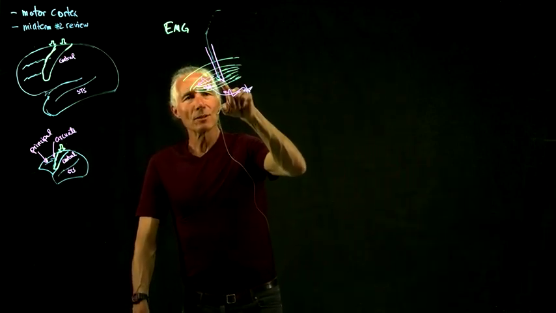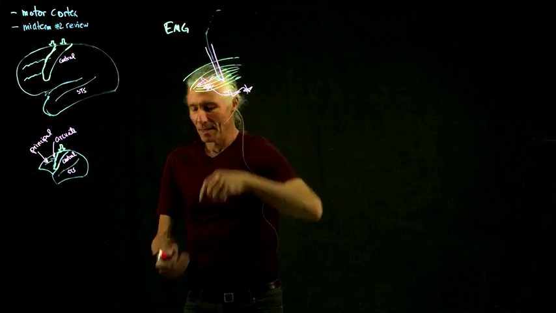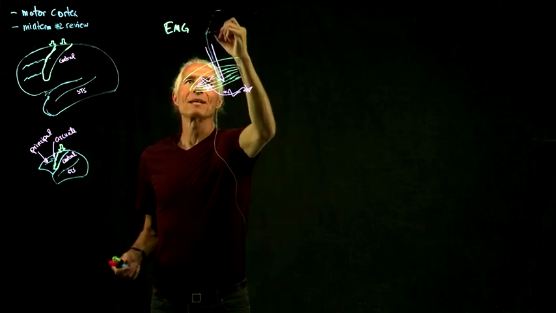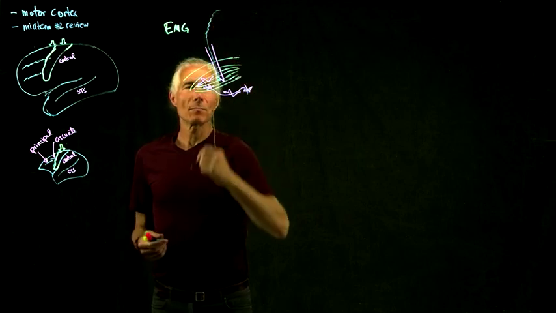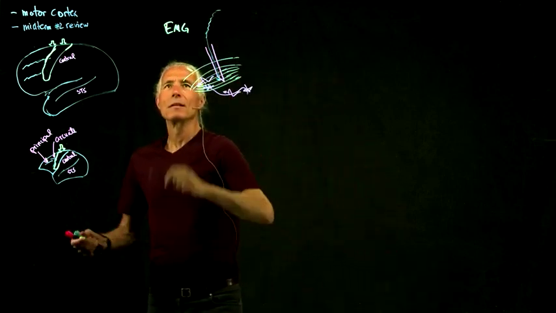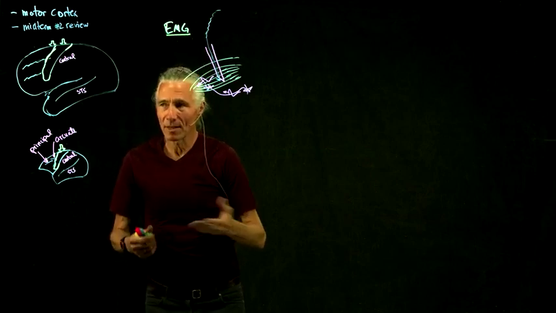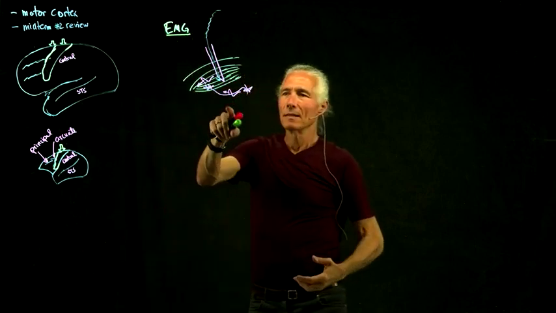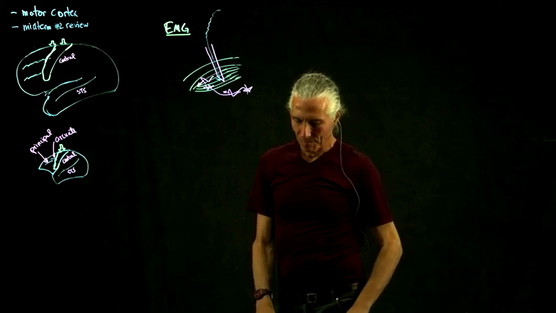But that's also what you can record with this electrode. So what you're seeing are basically motor neuron spikes with EMG. You're literally recording the spikes that the motor neuron sent to the muscle.